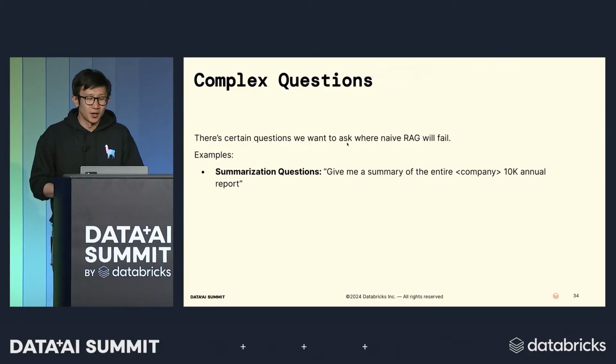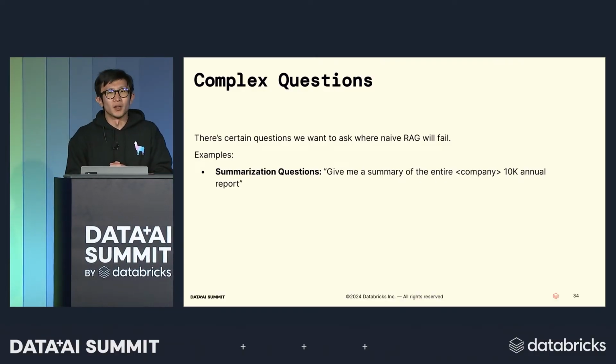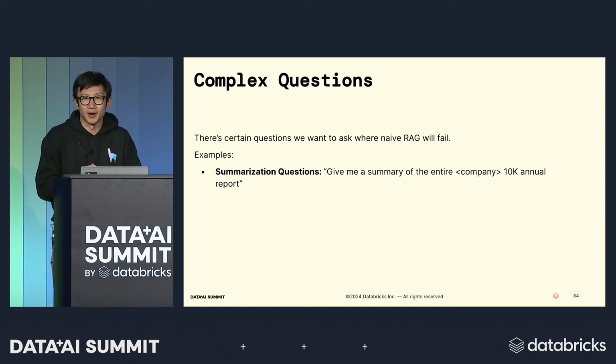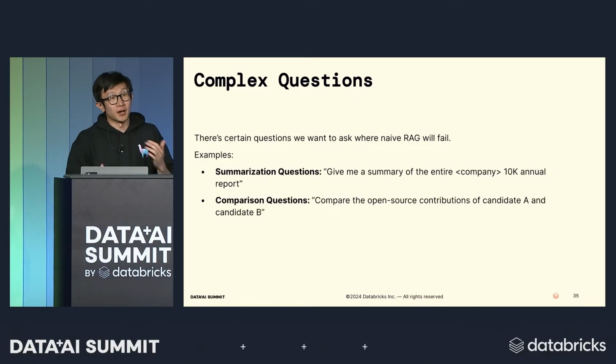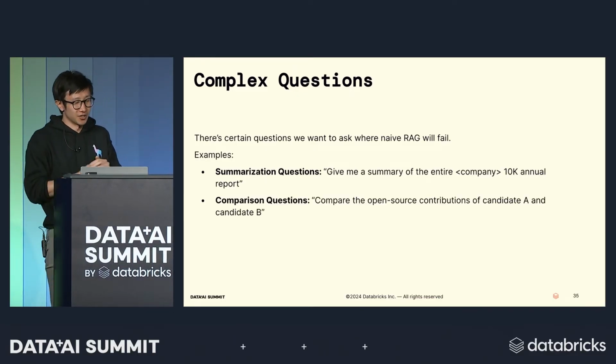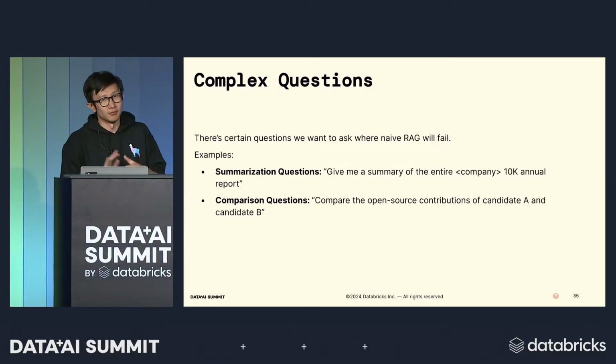So we go back into thinking about what are the different classes of questions that you might want to ask over your data. And there are certain questions we do want to ask where naive RAG pipelines might fail, right? Some examples include summarization questions, like give me a summary of the entire document, the entire contract, financial report, all these different things. You might want to compare document A and document B, if you have 2 resumes or 2 financial reports.